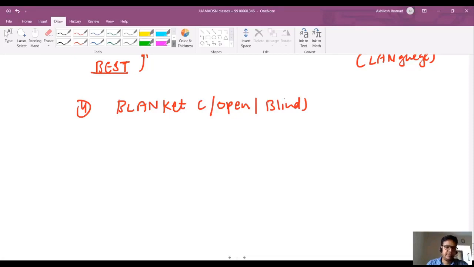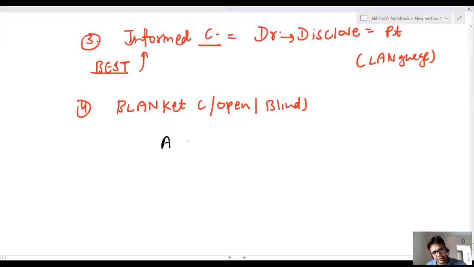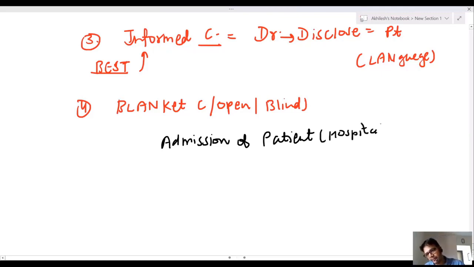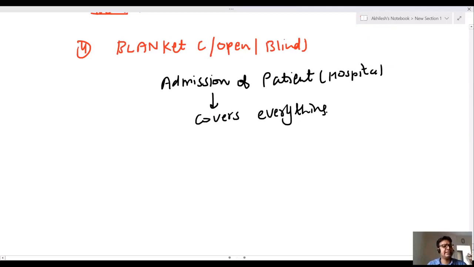At the time of admission of a patient in hospital, sir, only admission of the patient in a hospital, that covers everything. Doctor Saab, the patient has given hospital admission consent only.